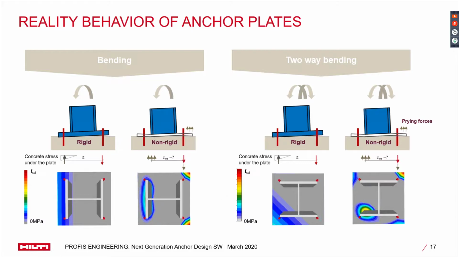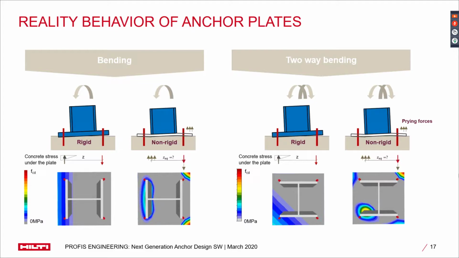with the non-rigid consideration, we can see that there is a combination of prying force generated at the tension interface of the plate, and there is a reduction in the lever arm between the tension and compression regions of the connection. Thus, both will result in an increase in anchor forces. Now, if we start looking at the behavior of the connection, we can no longer consider the anchor and the plate alone.